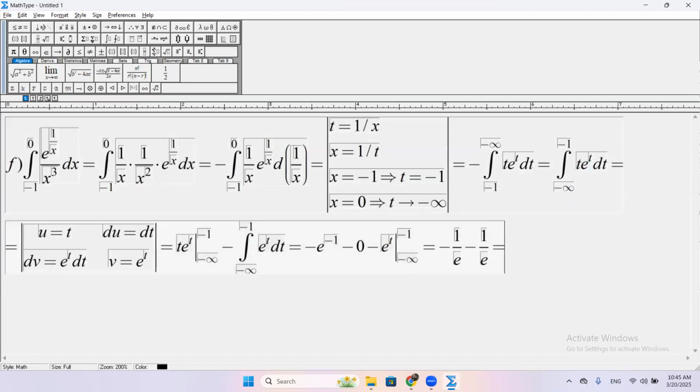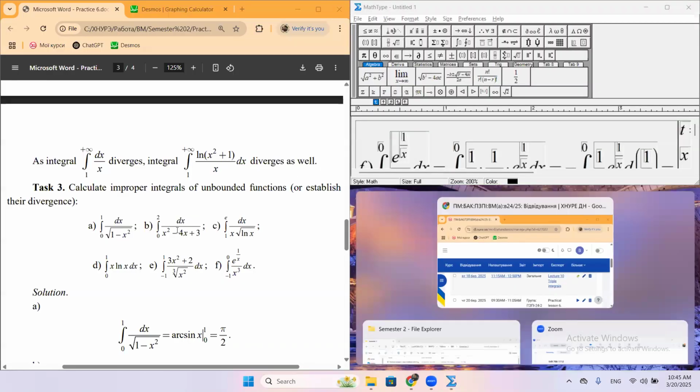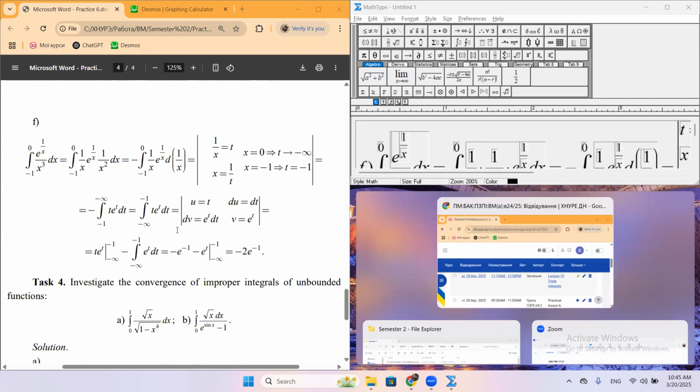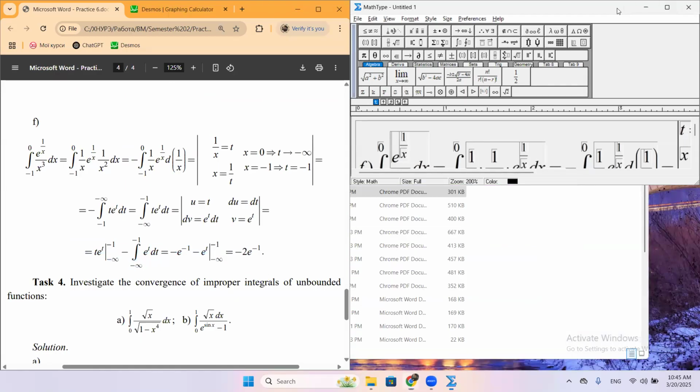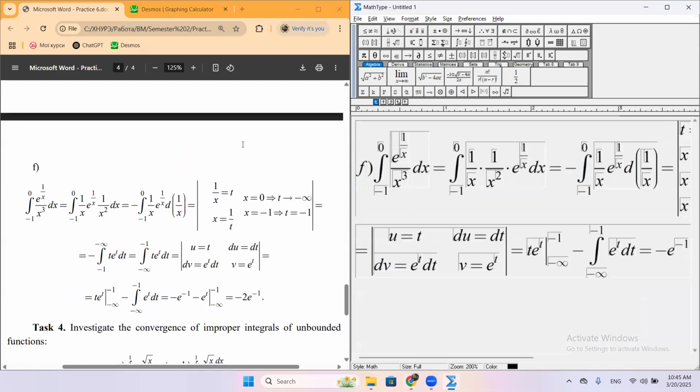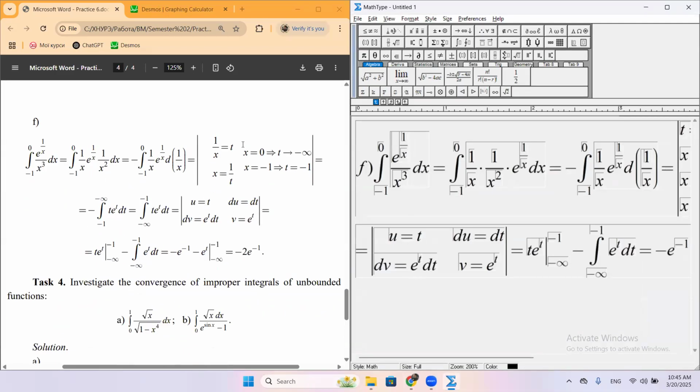So the result is minus 2 over e. Any questions about this exercise? Okay, as no questions, let's move to the next exercise.